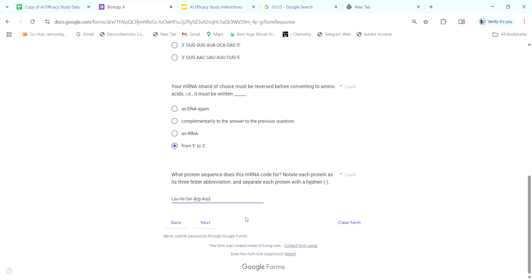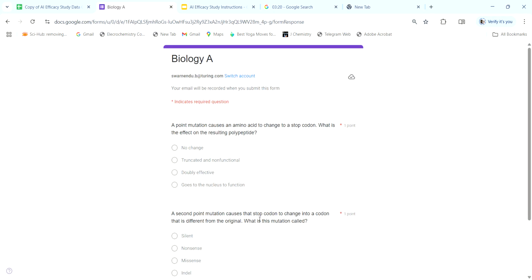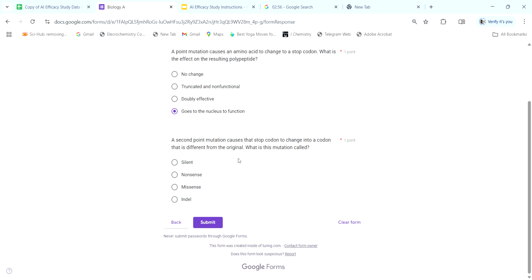A point mutation causes an amino acid to change to a stop codon. What is the effect on the resulting polypeptide? No change, truncated and non-functional, doubly effective, goes to nucleus to function.